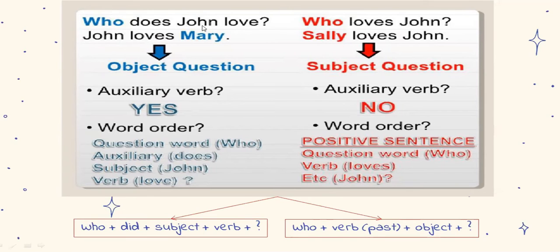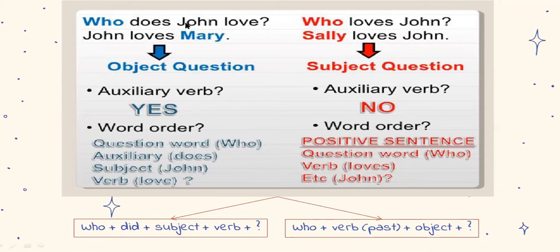Who does John love? John loves Mary. This is an object question because the question is asking for an object. The question is asking for the person or the noun that receives the action, not the one that does the action.